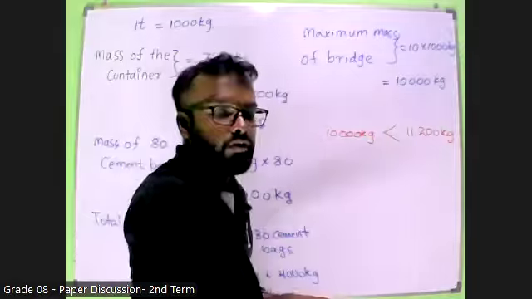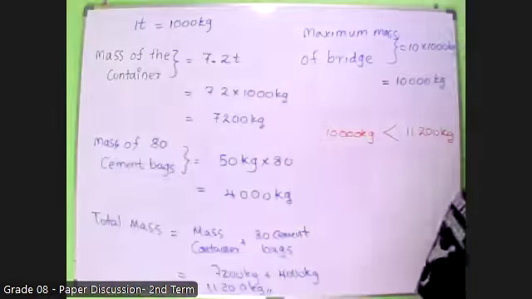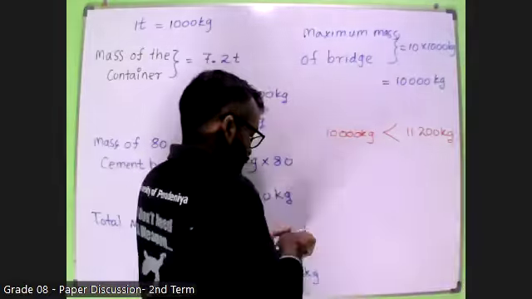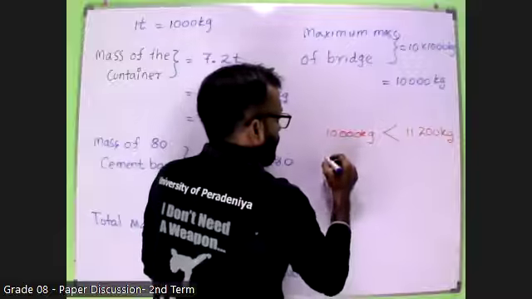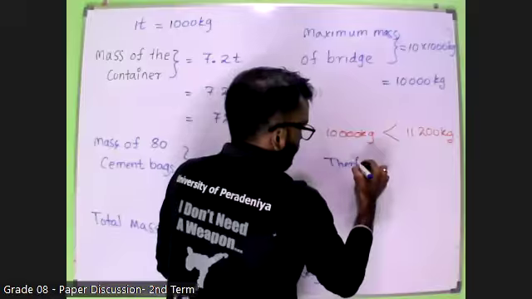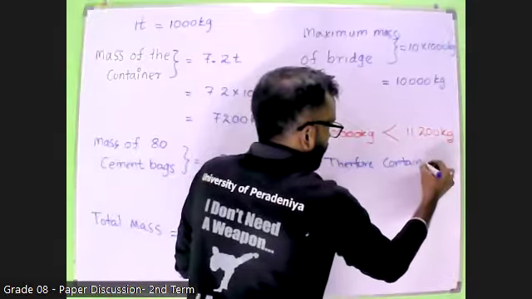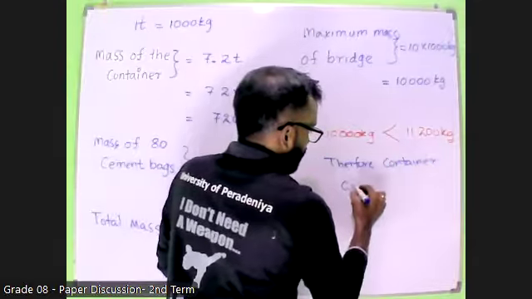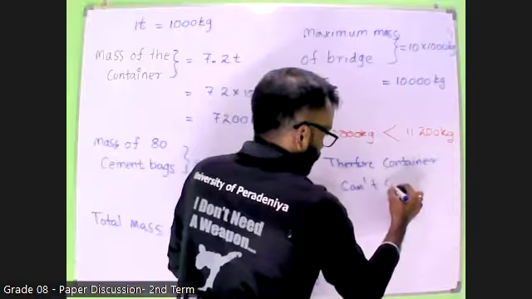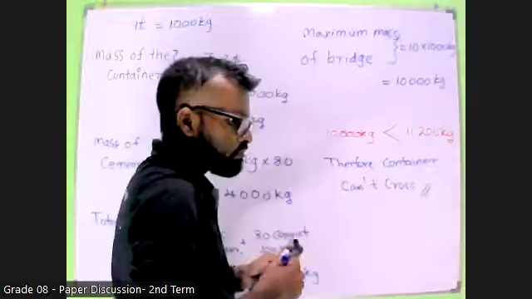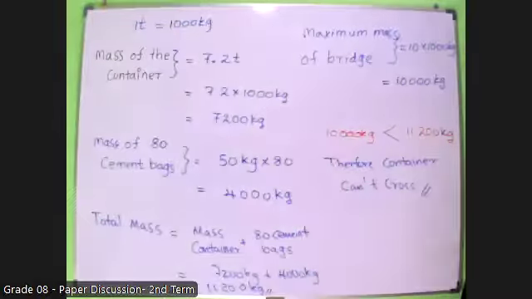So the container cannot pass the bridge. Therefore, you can write: container can't cross. Done.